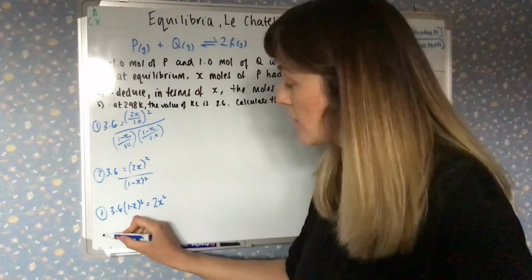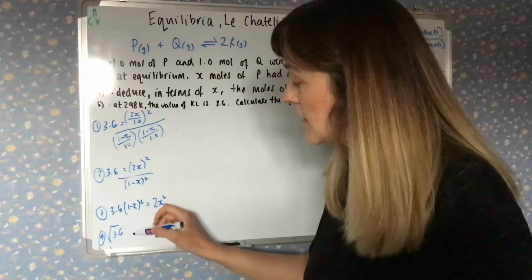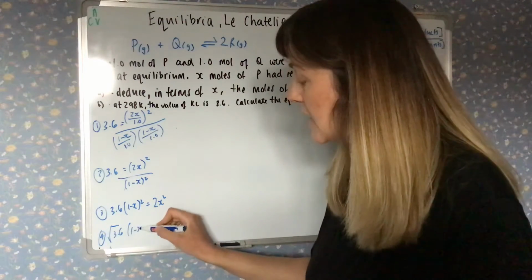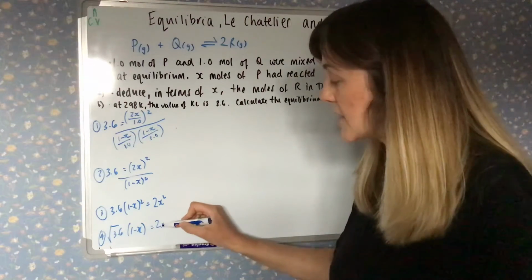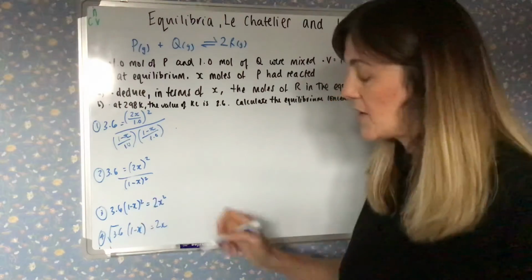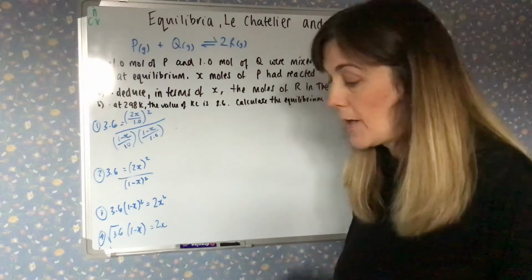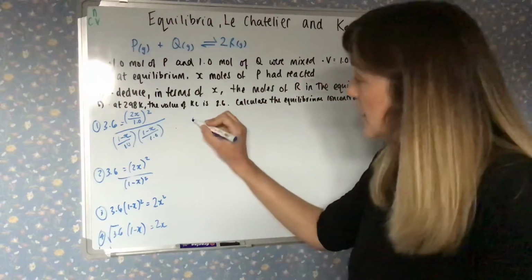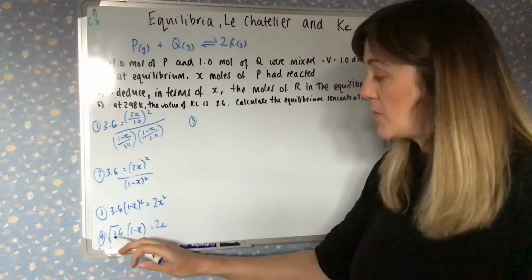So by taking the square root of both sides, we end up with the square root of 3.6 times 1 minus x, we keep it in brackets, is equal to 2x. That's got rid of the squares on both sides, but of course you have to take the square root of 3.6. Okay, so the next stage is you can do the square root of 3.6.